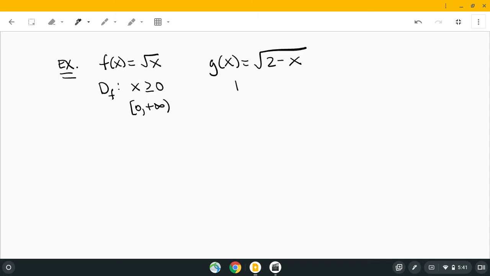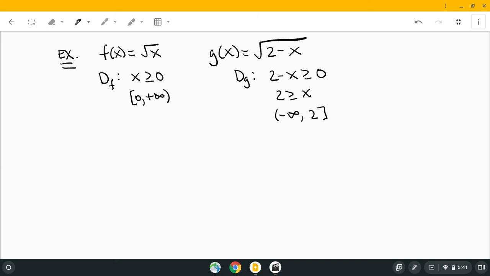And then over here, your domain of G, I'll write it like that. We know that 2 minus x has to be greater than or equal to 0. So 2 has to be greater than or equal to x. So x is less than or equal to 2. Okay, so this is our domain. Okay, so that's going to be interesting.